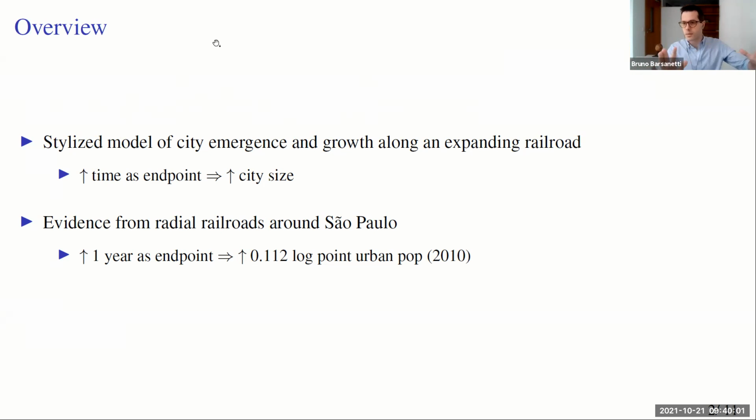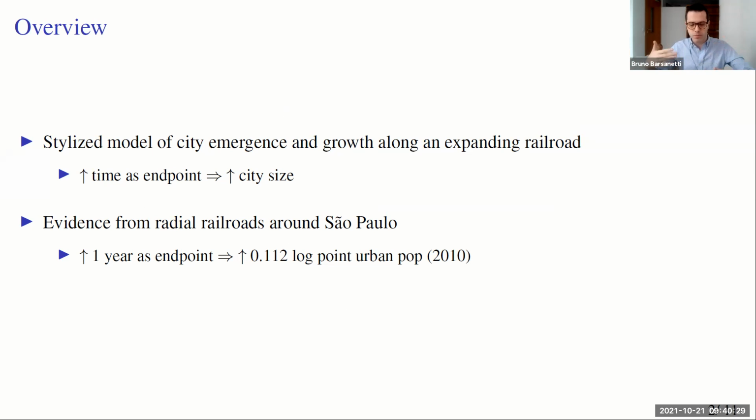Then the main contribution of the paper is to take those predictions from the model and try to look at them in the data, using some railroad towns in Brazil. I will show that, in fact, we have this association. What we see in the data is that if a town spent one more year as an endpoint in the past, then this town today is 0.11 log points larger.